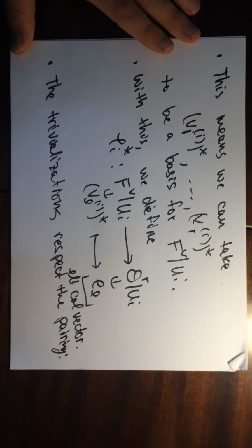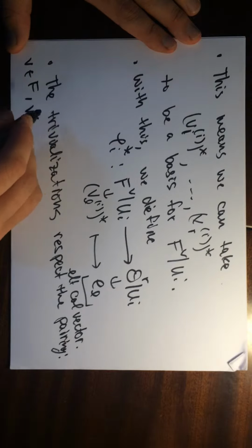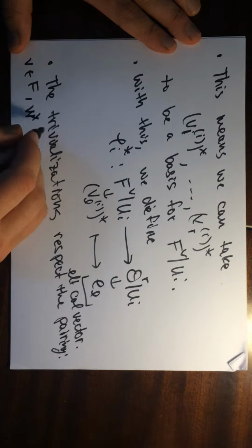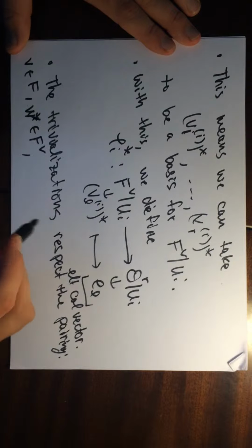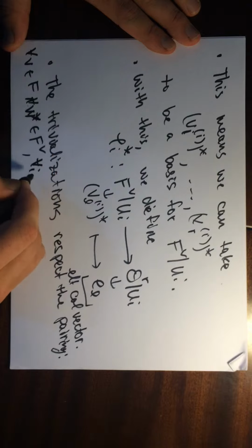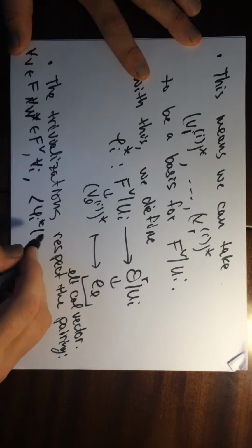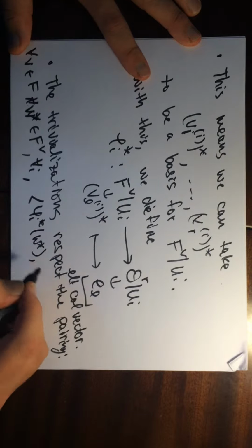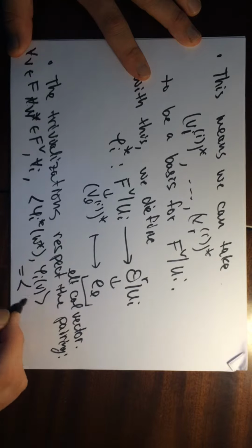And by this we mean that for V in F and, let's say, W star in the dual, then for each I, and so for all these I's, phi of W star is going to be equal to phi of V. Okay, and this is just going to be W star V.